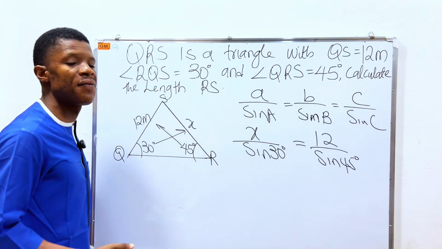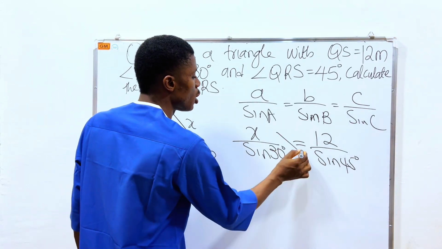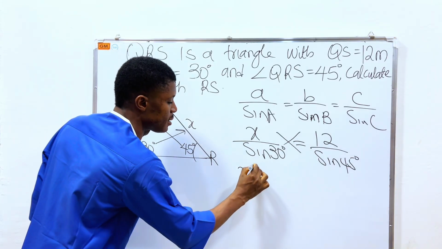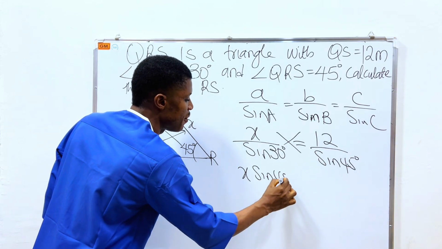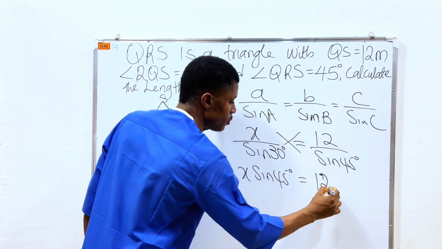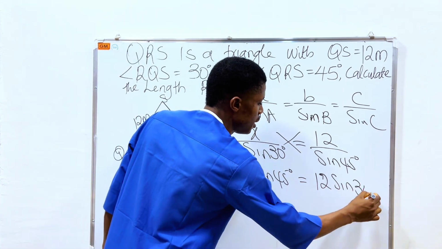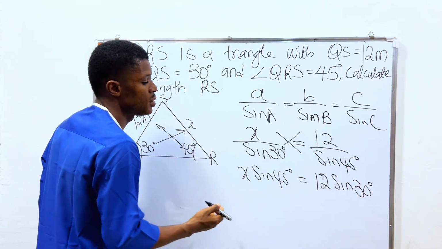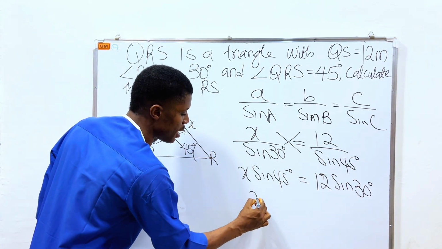So for us to get the value of x, we cross multiply. So we have x sine 45 degrees is equal to 12 sine 30 degrees.